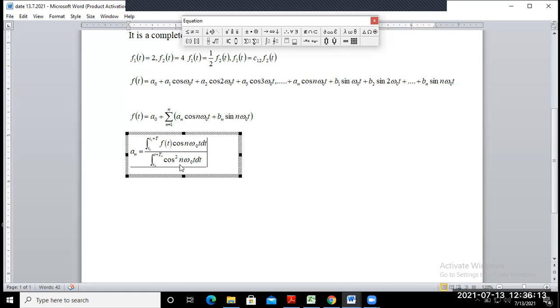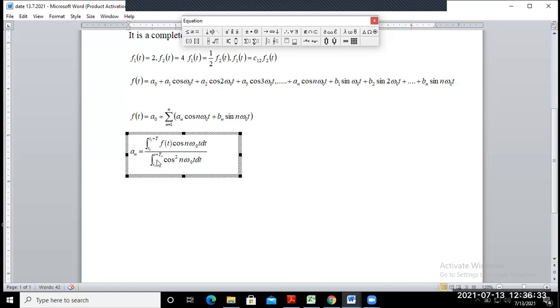So if you integrate this one, then the cosine term is 0. Only 1 by 2 remains, and if you integrate, that becomes t.